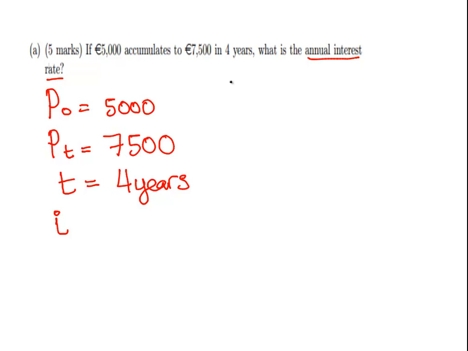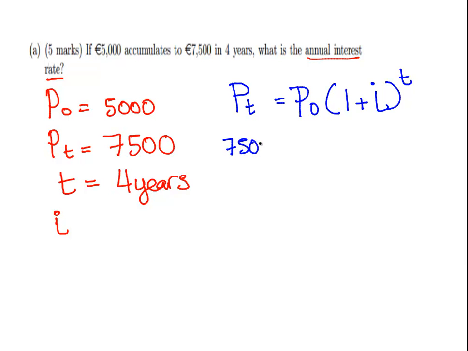This is a straightforward enough one. We don't have to do any exponentials. We're going to use this formula: Pt equals P0 times 1 plus I, the interest rate we're looking for, to the power of t. So 7,500 equals 5,000 by 1 plus I to the power of 4. First thing we can do is divide both sides by 5,000.